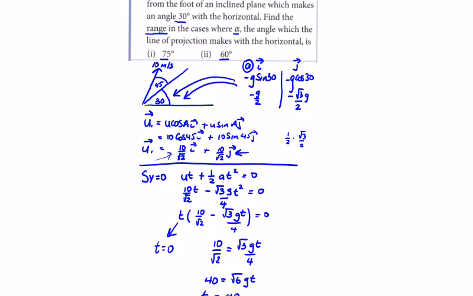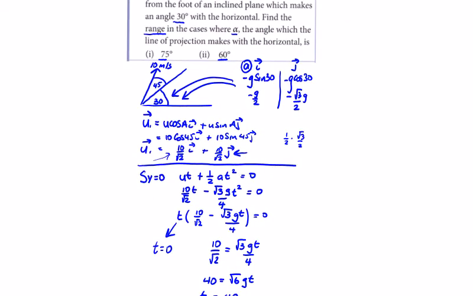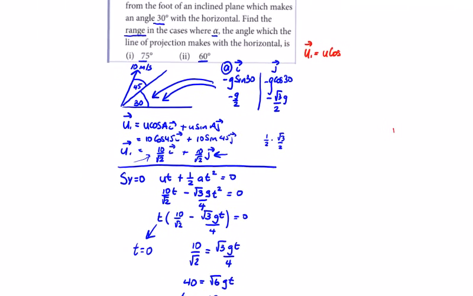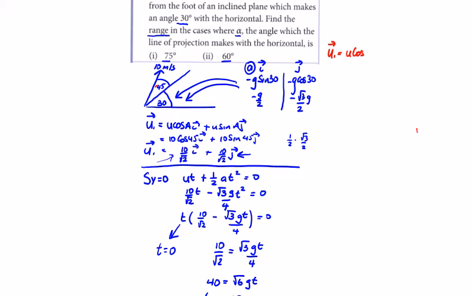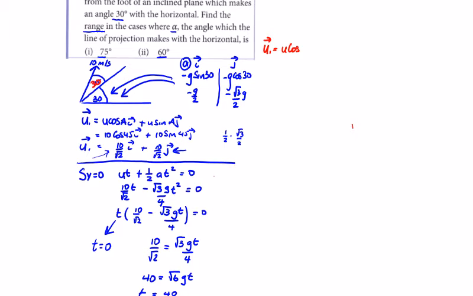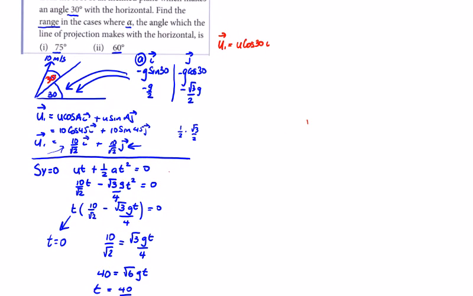We have the angle of 45 is going to be different. So my initial velocity here, u1, is going to be u cos, we have 45 the first time, just change it here, we're going to have 30 in here this time. So u cos 30 in the i direction plus u sine 30 in the j direction.